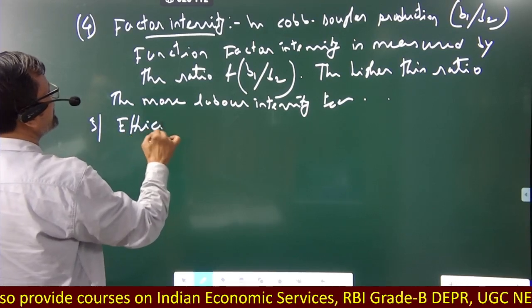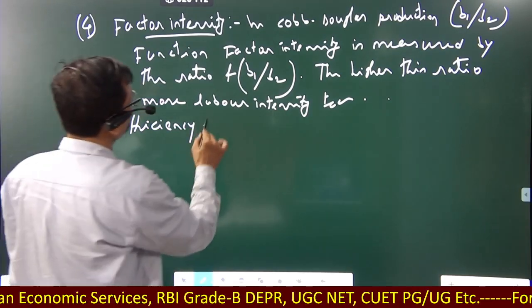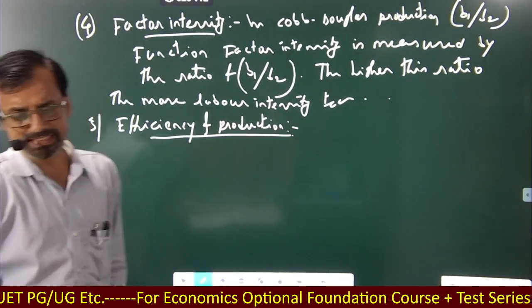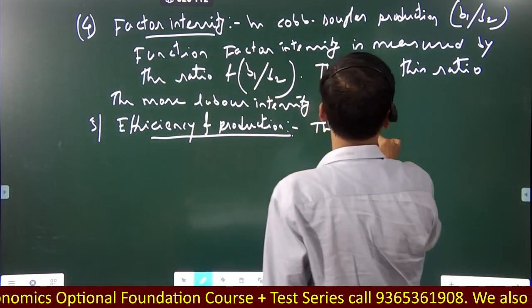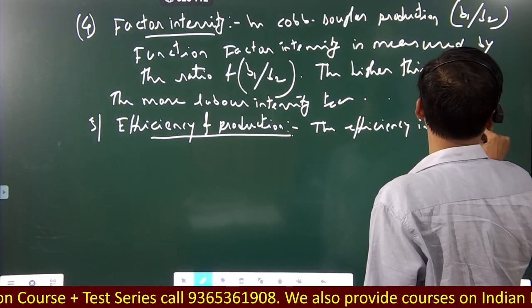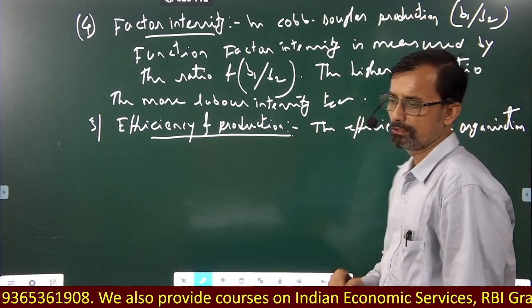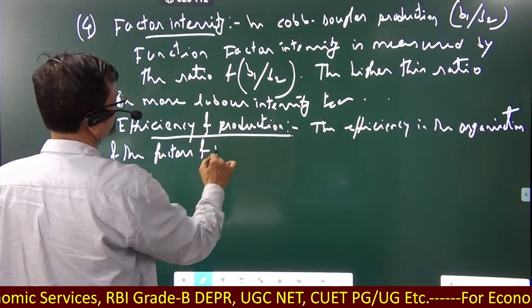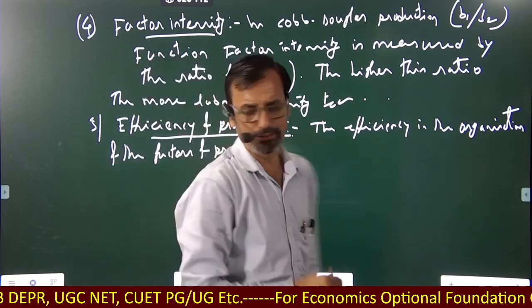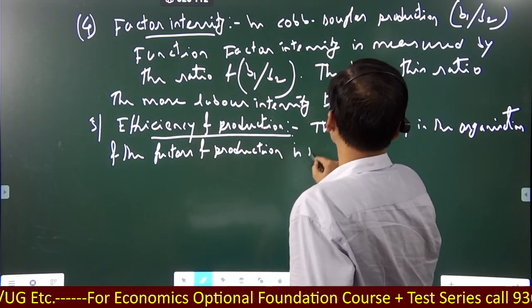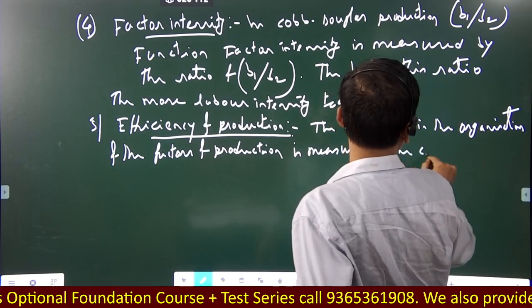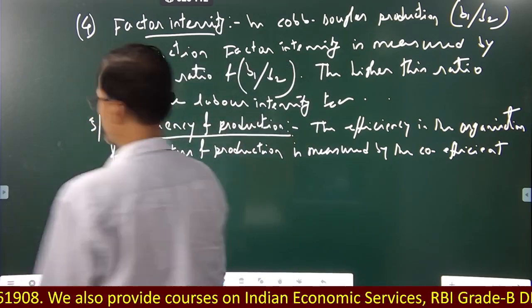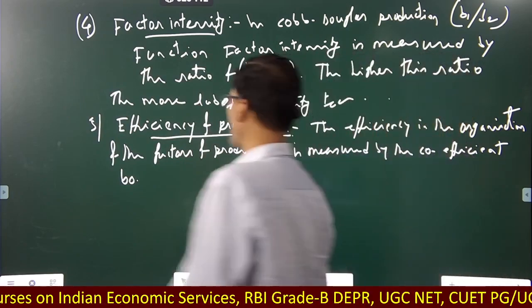The efficiency in the organization of the factors of production is measured by the coefficient B naught.